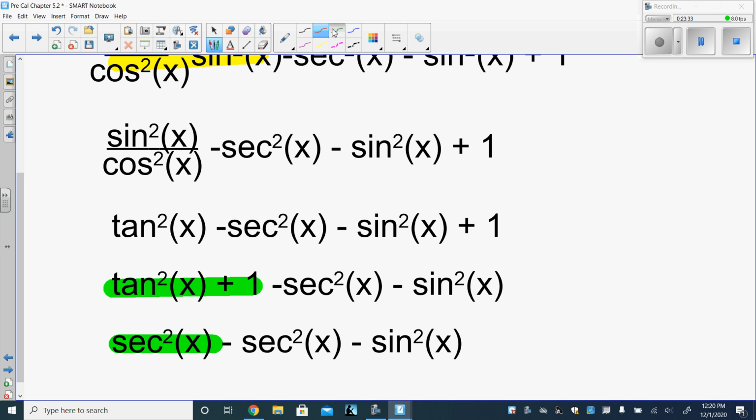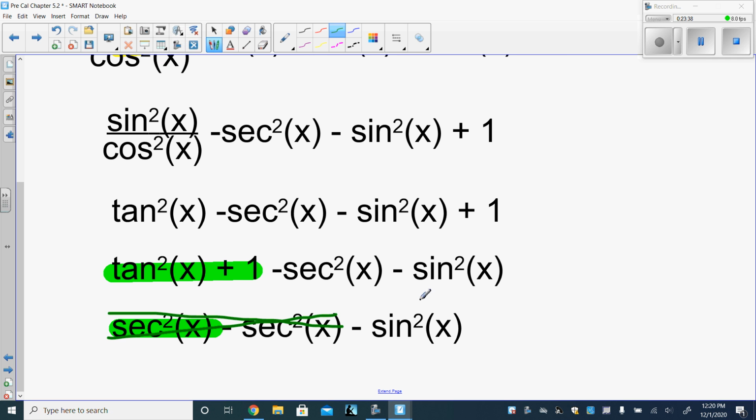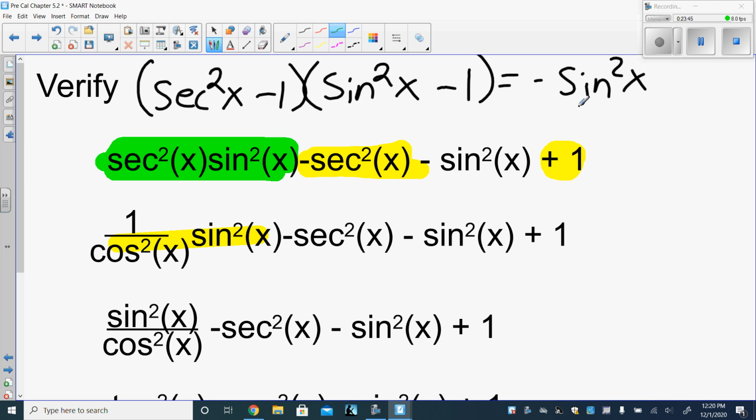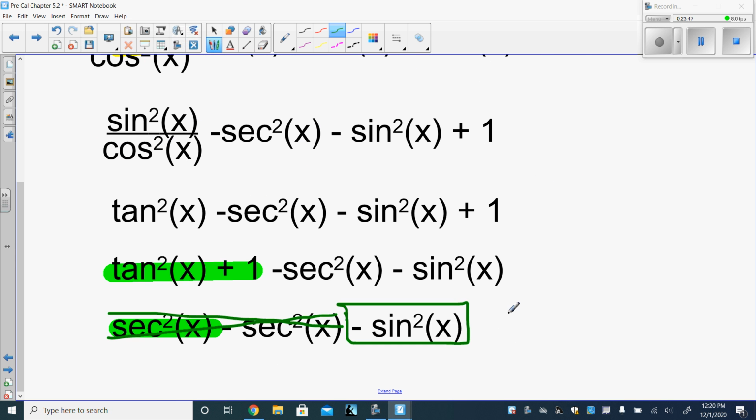Now why is that helpful? Well, I have secant squared of x minus secant squared of x. These two would cancel out, leaving me with just negative sine squared of x. What did we want? Negative sine squared of x. So we're done. And that's it.